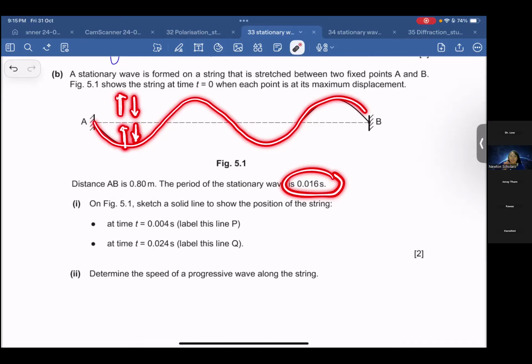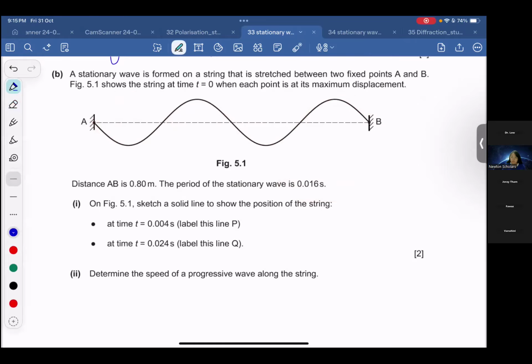Now it's 0.004. So, yes, correct. 0.004 divided by 0.016. One period is 0.016 second. Now, I want to know 0.004 second is how many T? So at the end, you'll find that it's actually T over 4.